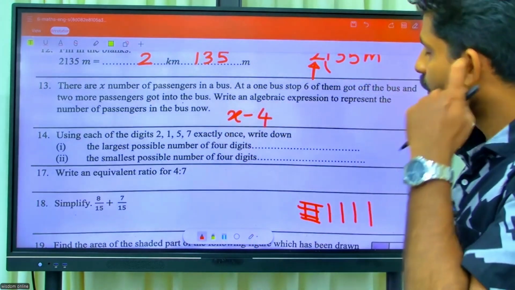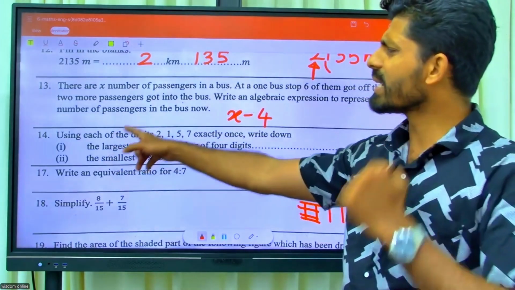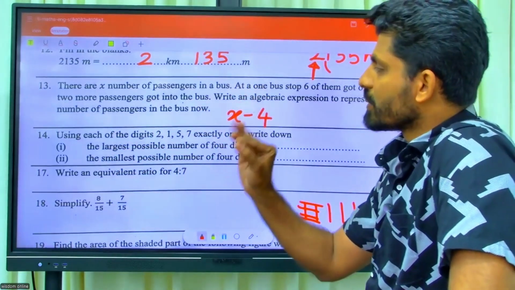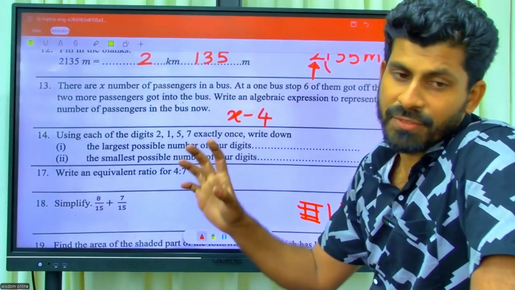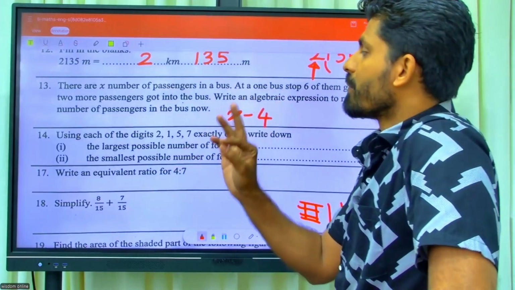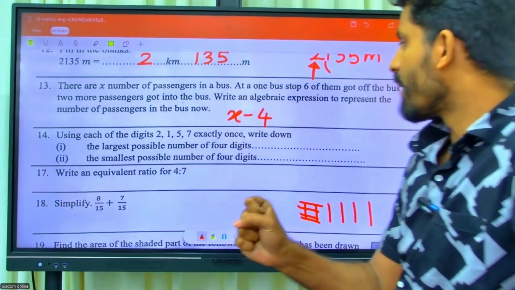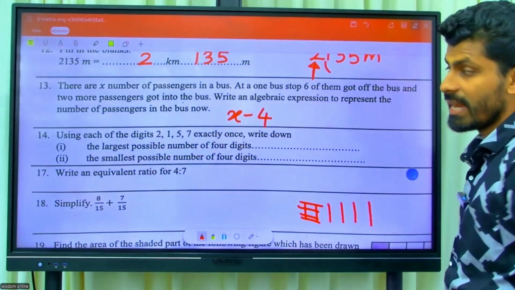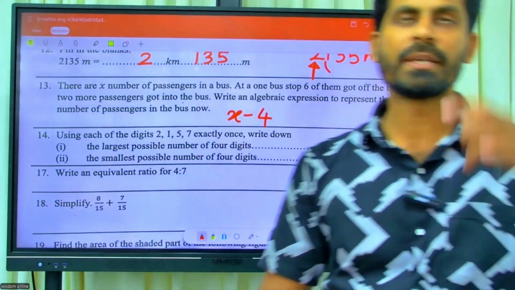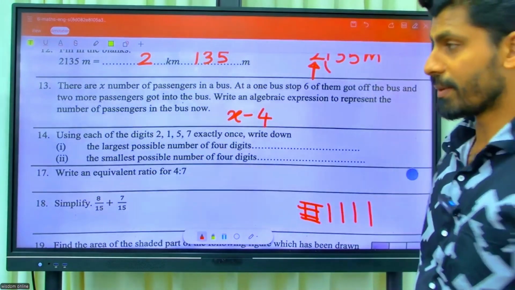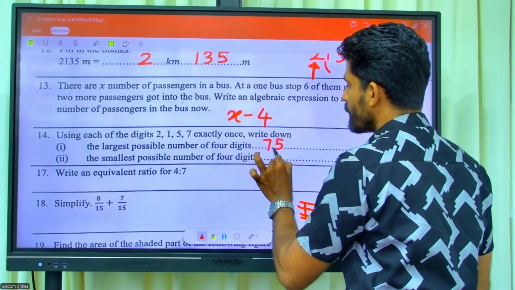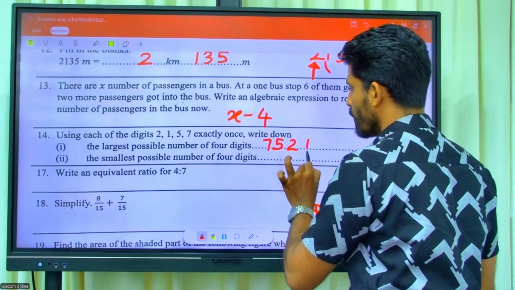Using each of the digits 2, 1, 5, 7 exactly once, write down the largest possible number. For the largest, start from the largest digit: 7, 5, 2, 1.